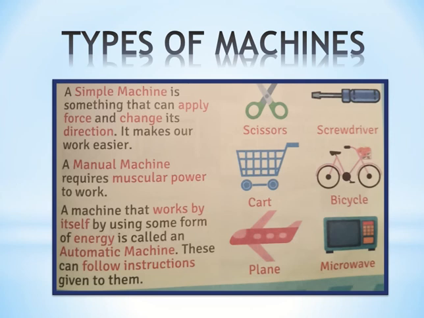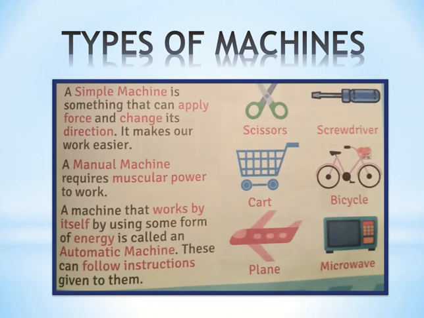The next one is a machine that works by itself by using some form of energy is called an automatic machine. These can follow instructions given to them. Okay, you only have to give the instructions, and the machine will do all the work. Okay, for example, a microwave. We only press the button.